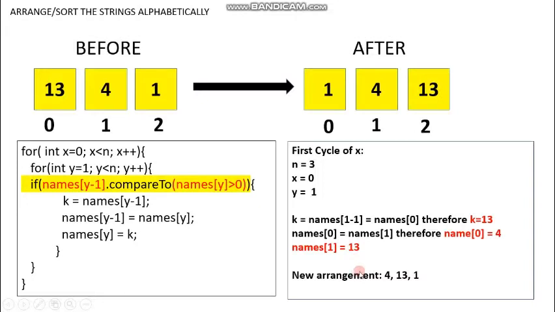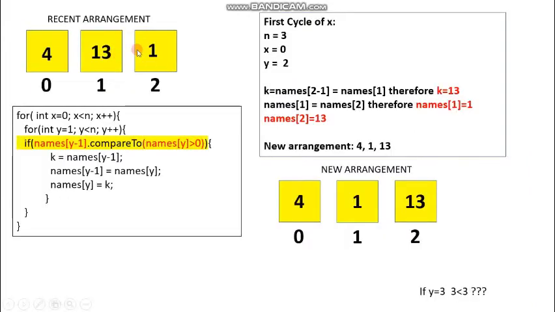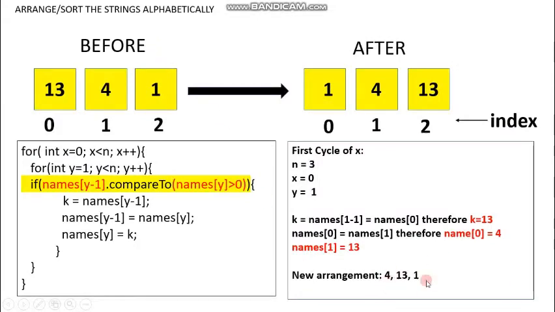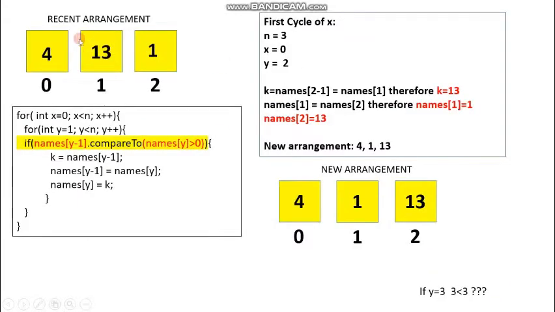And the new arrangement is 4, 13, 1. Okay? Ito yung bagong arrangement natin. 4, 13, 1. Diba? Okay? Then, proceed tayo.